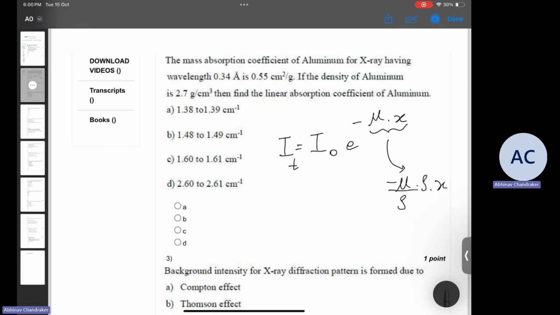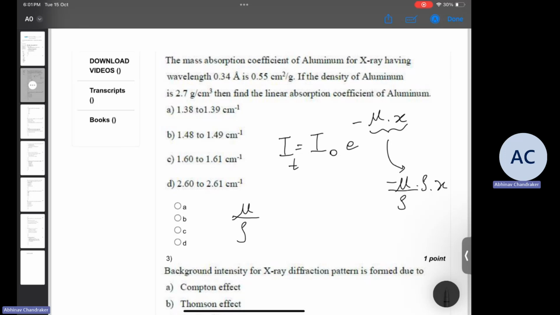So this is the formula for knowing the transmitted intensity. And as x increases, it will be getting lower. But in this question, we don't really require this much. We have just been given the value of mass absorption coefficient. Sorry, it's mu by rho.